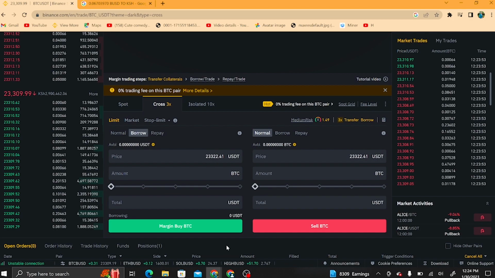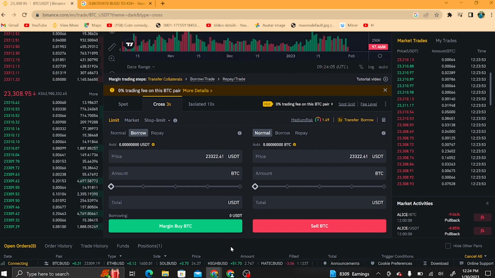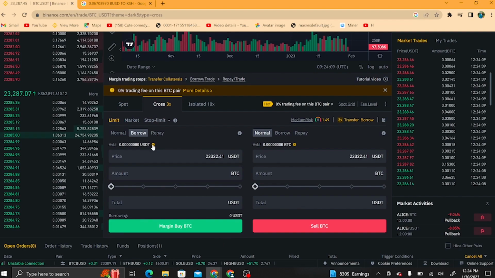So what it means is that we can borrow up to 500 BUSD and then trade, and the interest rate will be zero.